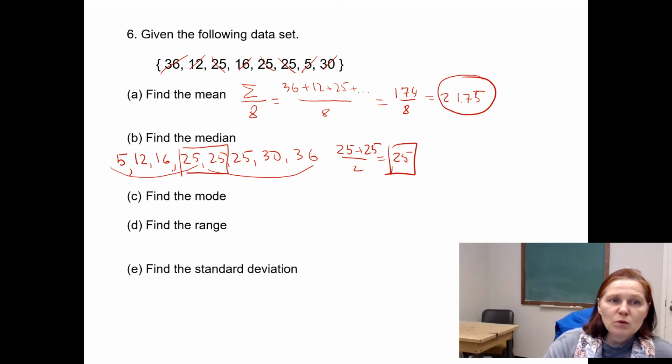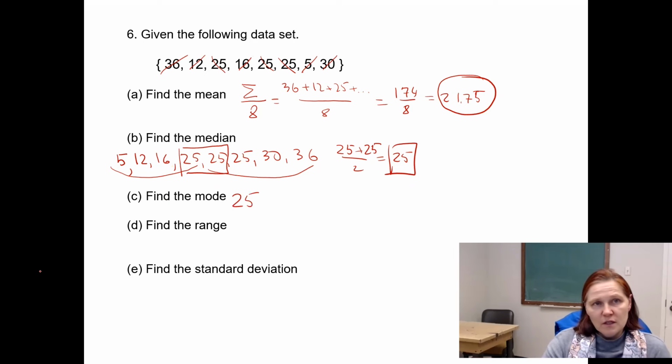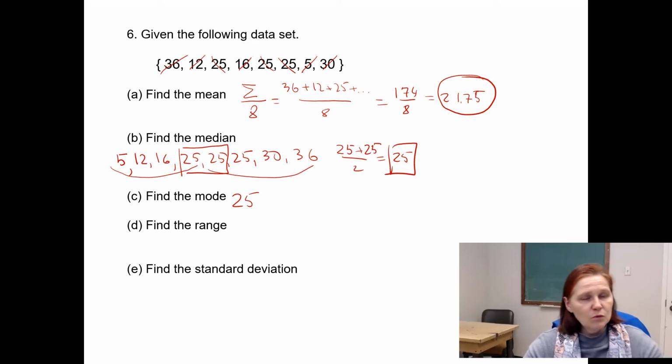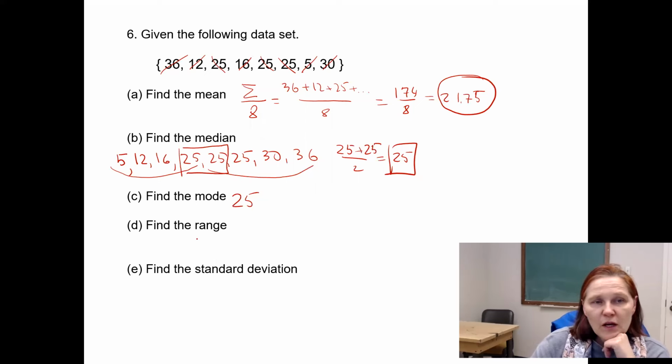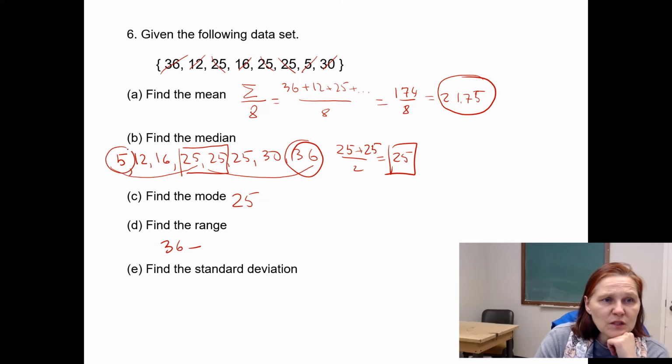Then we find the mode. The mode is also 25, since 25 is repeated 3 times. If there is no mode, just write no. The range is the difference between the greatest number and the smallest. So we look in the set when it is already arranged, 36 minus the smallest number, minus 5.